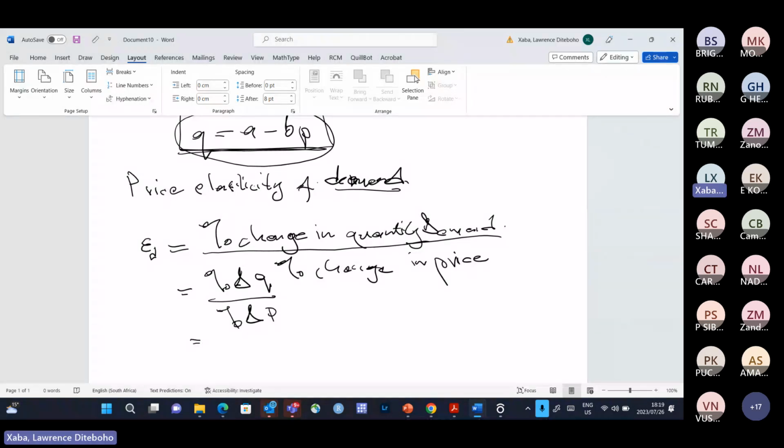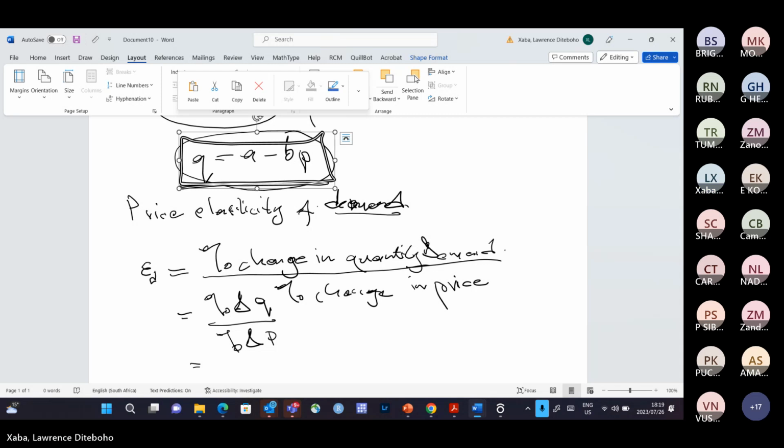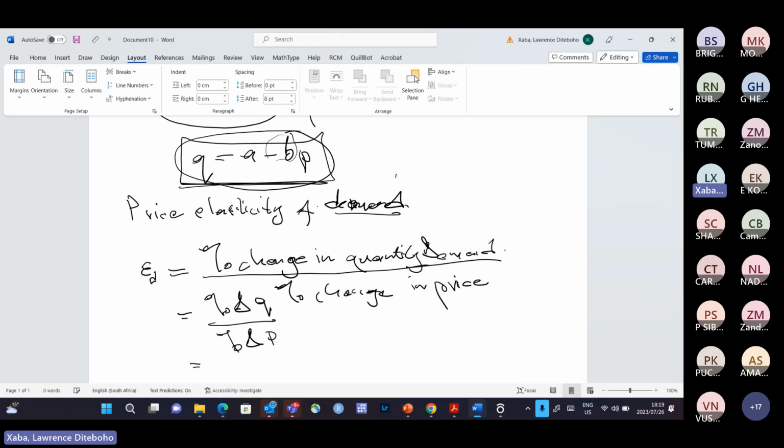If you remember, the last time we were talking about the slope, we said in this case our slope is negative. And we said, how do we calculate our slope?